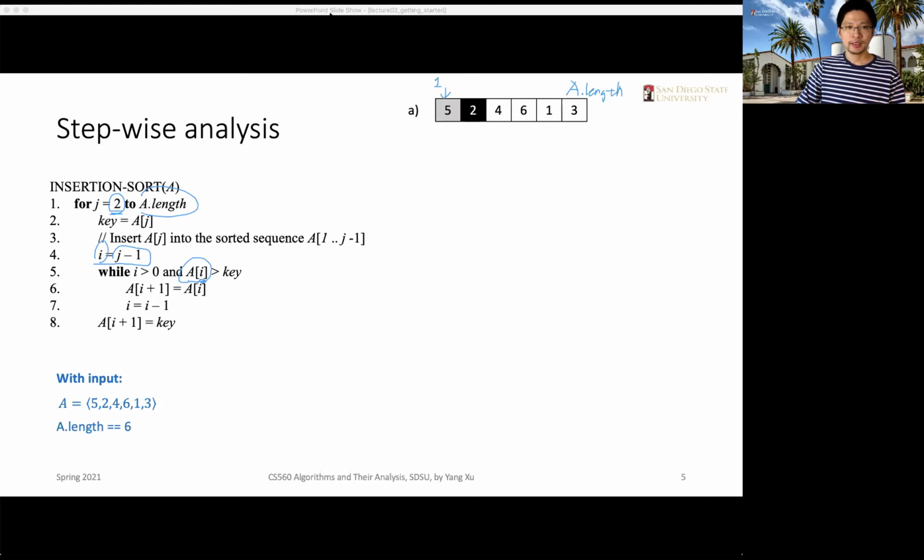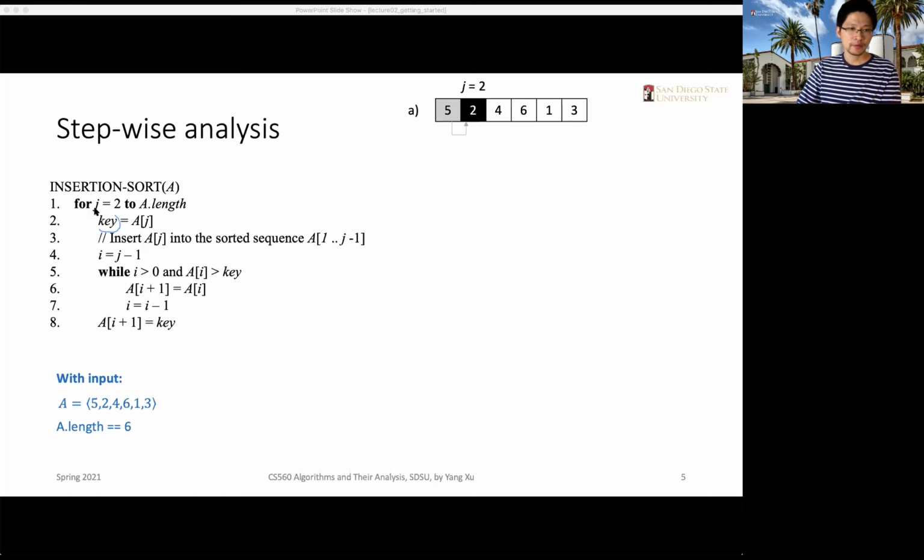Let's use the dark background to indicate the position of the loop counter j. That's where j initially starts. It points to the second element. Within the body of the for loop, we assign the current A[j] to the variable called key.